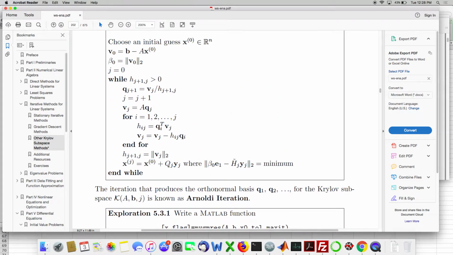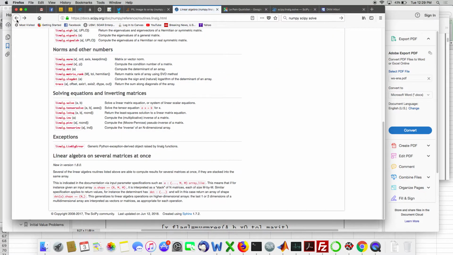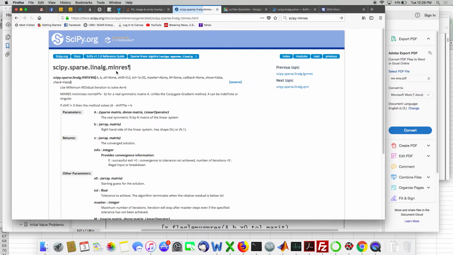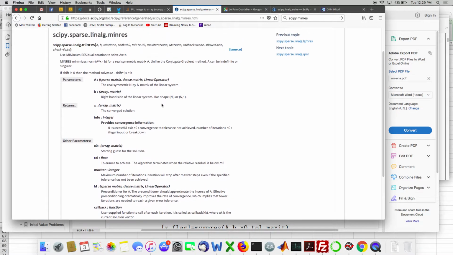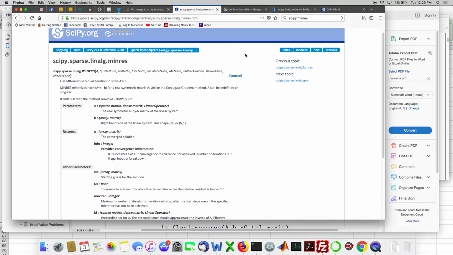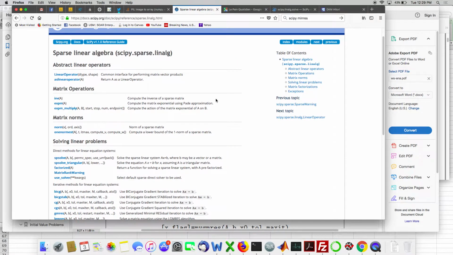Now, I want to check if there actually is a MINRES function for sparse matrices that I want to tell you about. First, we've seen this module before, SciPy sparse linalg.